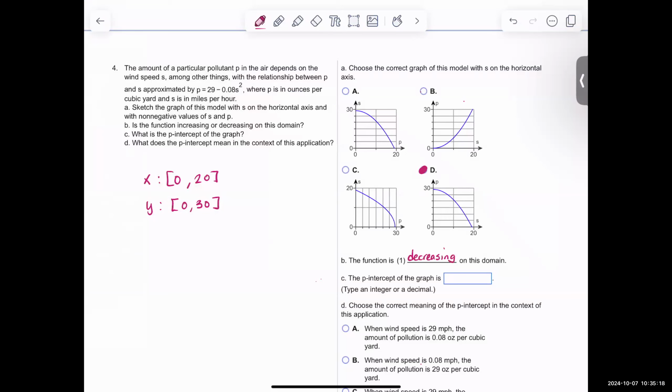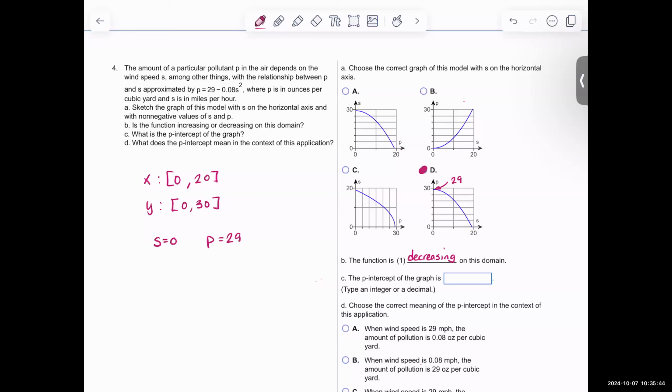What's the p-intercept of this graph? Well, where is it crossing the p-axis? Is it crossing at 29? So that number right there is 29. We also know that it's crossing the p-axis because if s is equal to 0, then P is equal to 29. So what's that mean?